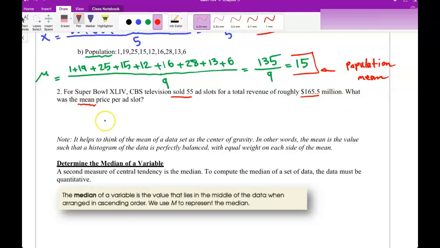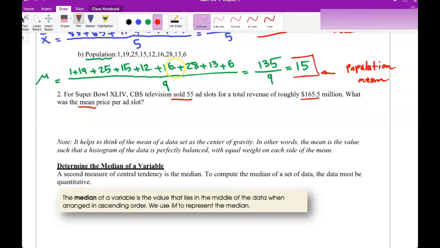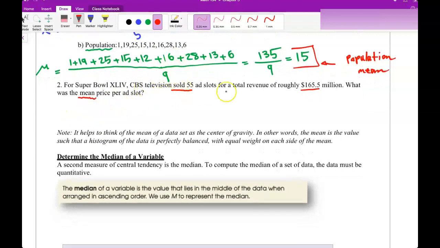We don't need to follow that formula here because we already have the total price. The total revenue is 165.5. You only need to divide by the total sold, which is 55, to find the answer.